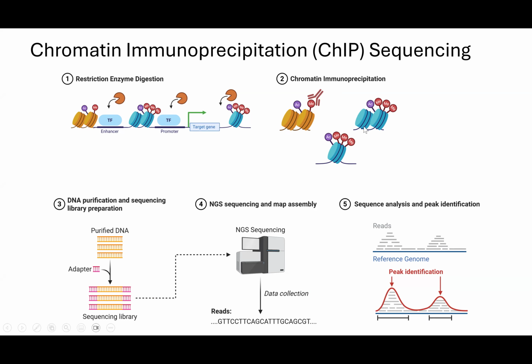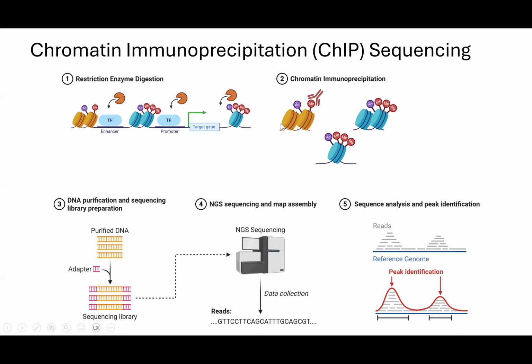Using an antibody against a particular target of interest, you then perform an immunoprecipitation. For chromatin, this is usually done for histone modifications, but can also be done for transcription factors and things like that. When you do that immunoprecipitation, like this antibody I'm showing here in the corner, you pull down not only that protein, but also the DNA that's attached to it, and you leave the other nucleosomes behind, so the DNA and the histones they're wrapped around.